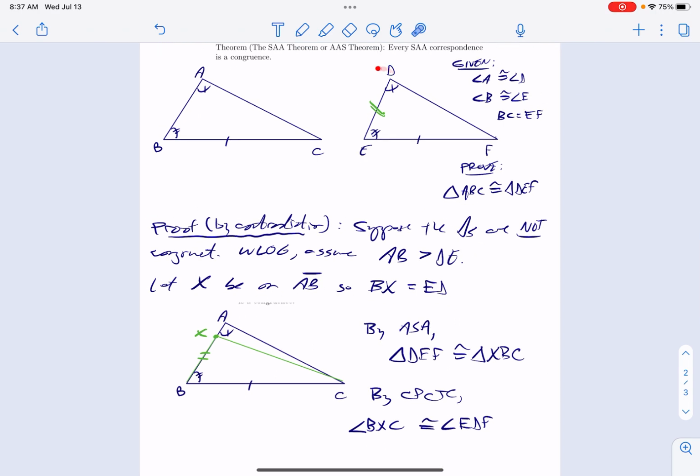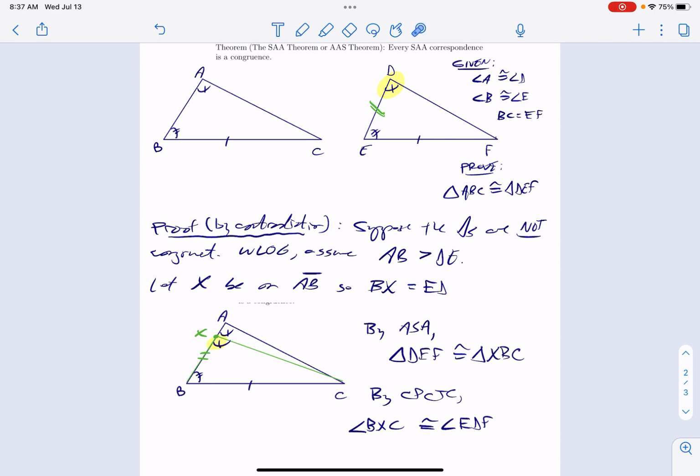So angle EDF is this one. Let me highlight this so it's really clear. That's the top angle in triangle DEF. Here's the top angle in triangle XBC. Those are congruent.